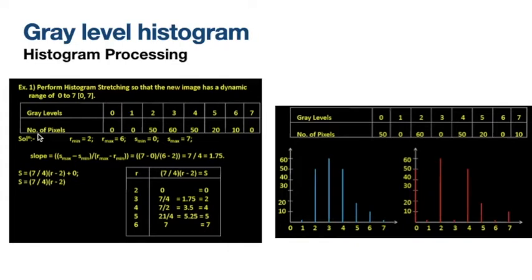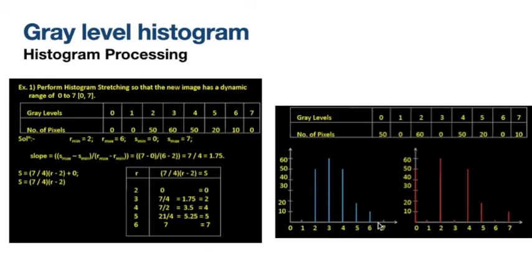This is the given values for the histogram, that is 0, 1, 2, 3, 4, 5, 6, 7 is the range of values, and the number of pixels in each gray level is given here. What you want to do is histogram stretching. Using this data, you can draw a histogram which will look like this blue one.